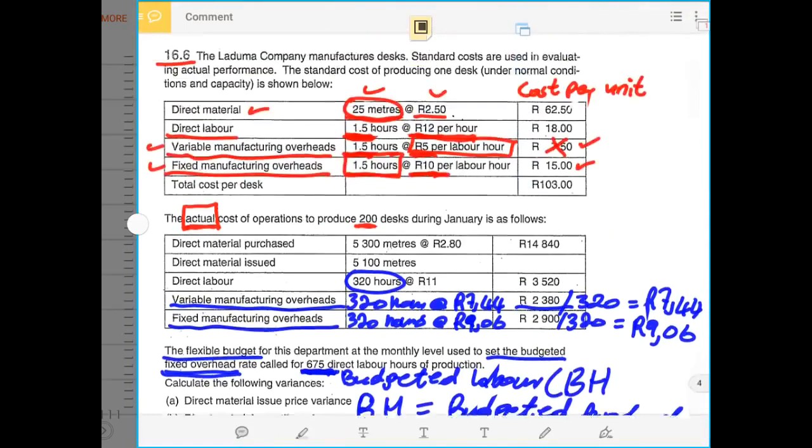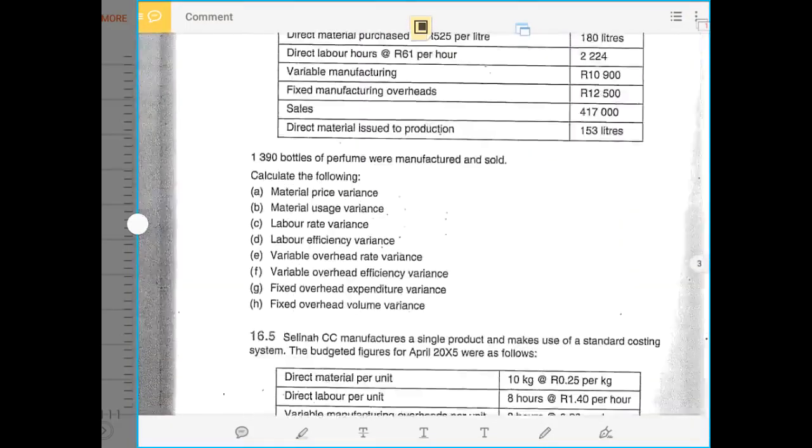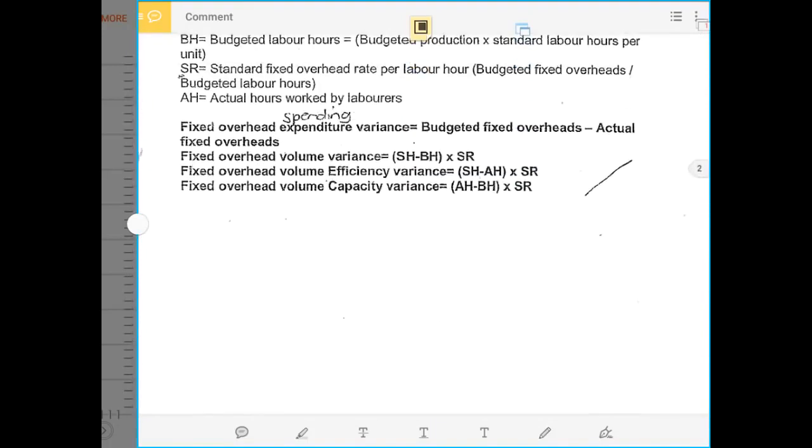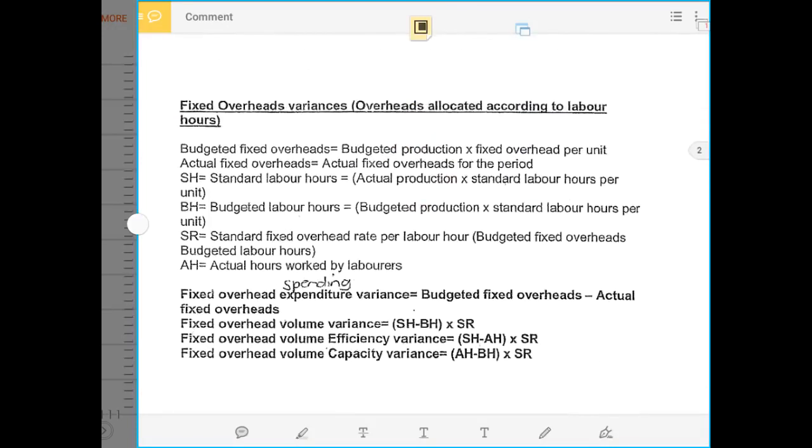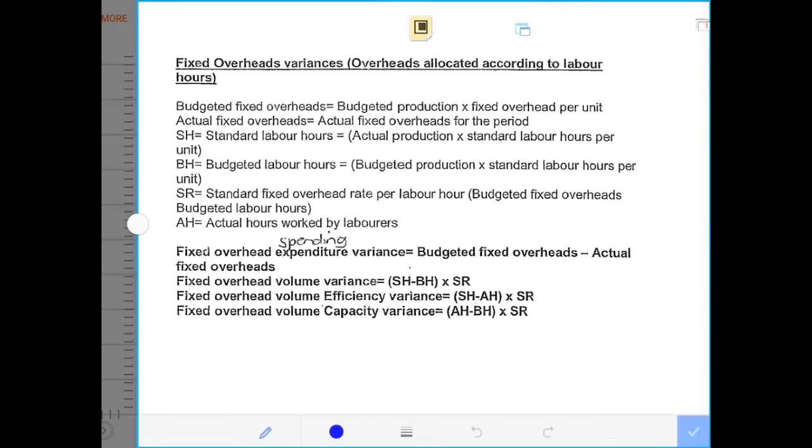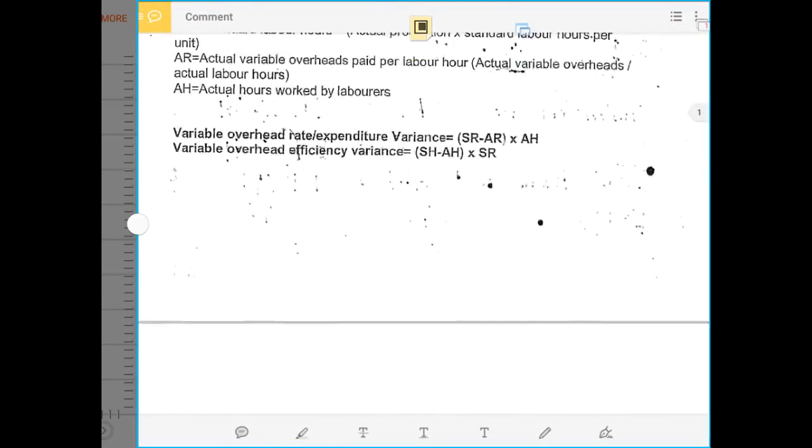Let me just show you the formula where all this information is coming from. Please make a reference to the formula sheet that I explained in the previous video.